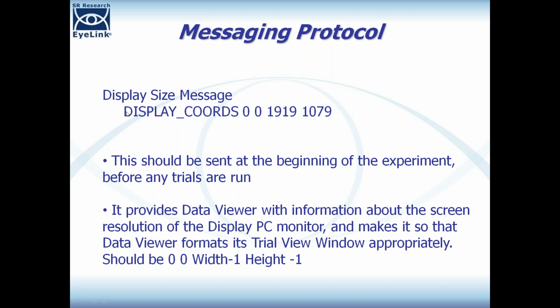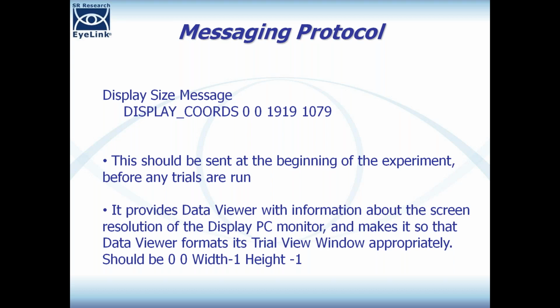You would send a special message to the EDF file that is formatted like this. It says display coords, and then it has the left, top, right and bottom coordinates of the monitor based on the monitor's resolution.